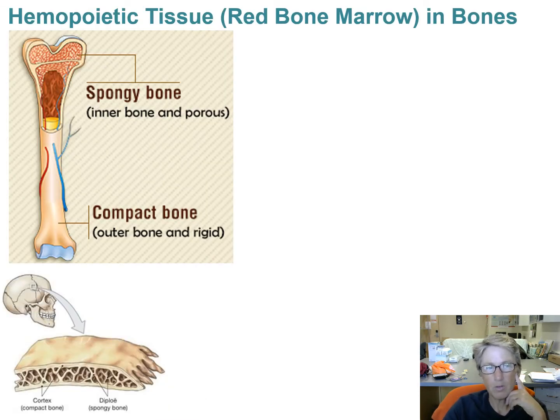Okay, so let's look at hematopoietic tissue. That's where you make your blood cells. Hematopoietic tissue is tissue in the red bone marrow. So here's our cartoon.